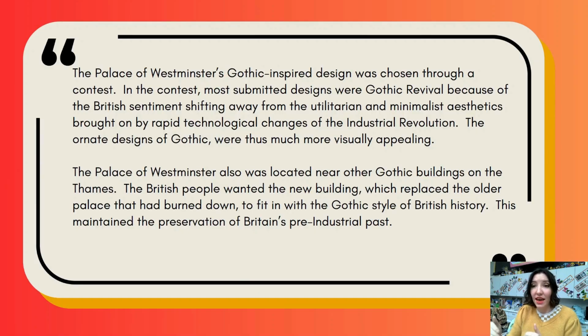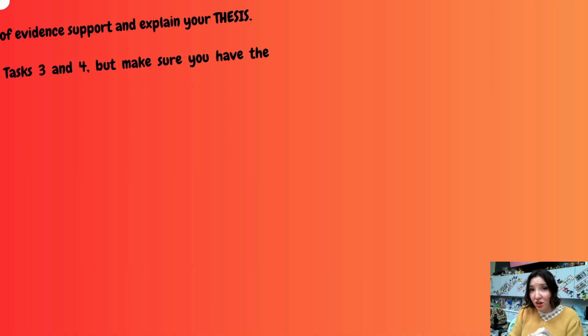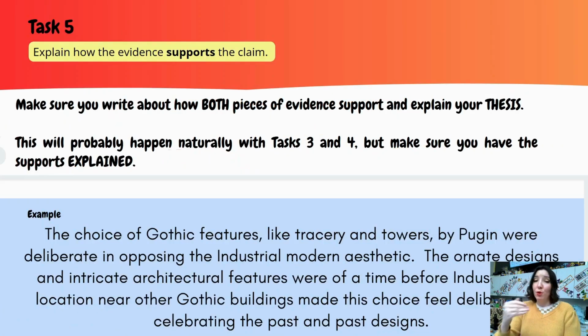So if I look again at the previous page here, I'm already discussing how it's about the Industrial Revolution and what the British people thought. So there's already a little flavor of that. I just want to make sure with my why that I'm pushing it enough that there is no doubt, no wiggle room for the FRQ readers.